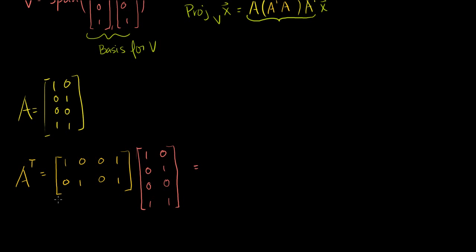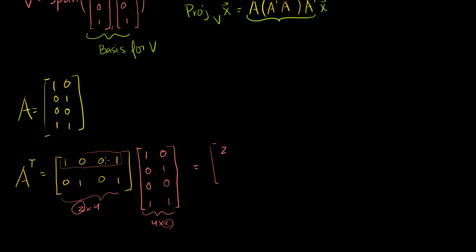Well, first of all, this is a 2 by 4 matrix, and I'm multiplying it by a 4 by 2 matrix, so it's going to be a 2 by 2 matrix. The first entry is essentially the dot product of that row with that column. So it's 1 times 1 plus 0 times 0 plus 0 times 0 plus 1 times 1. So it's just going to be 2 for that first entry right there.